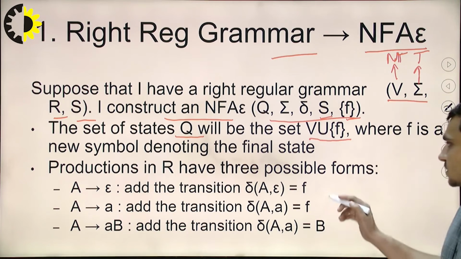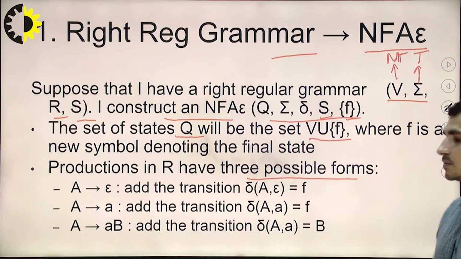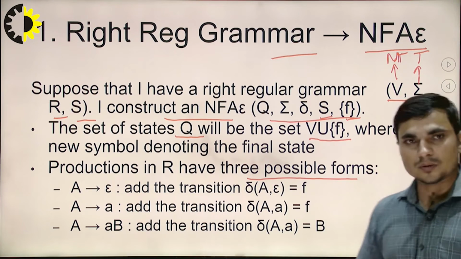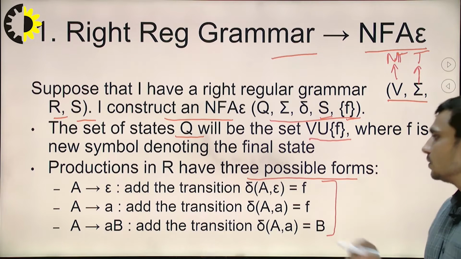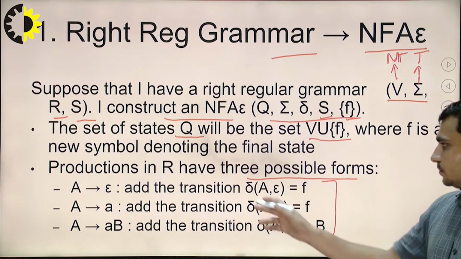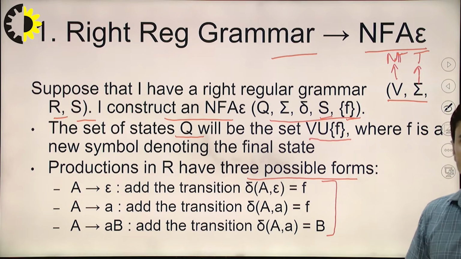Now, the productions in R have 3 possible forms, and based on those 3 forms we are going to add certain transitions.